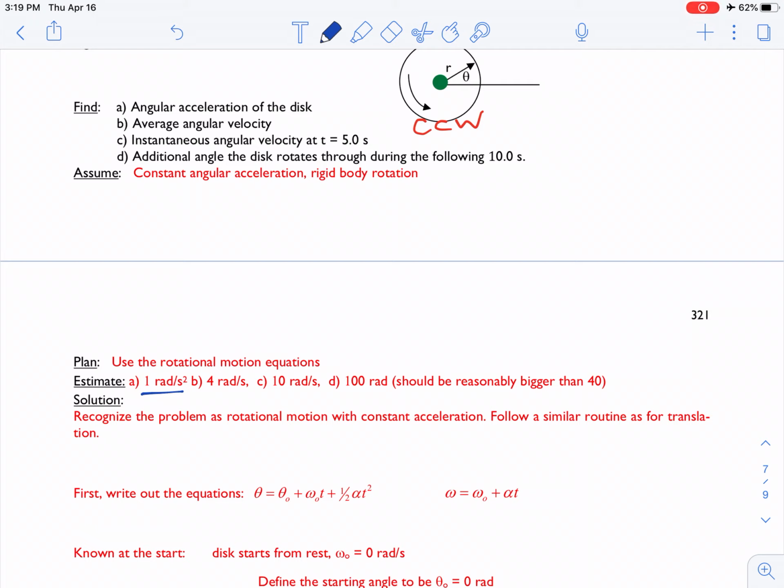Next is angular velocity. When I find angular velocity, I'm going to think about the velocity equation. v is equal to what? Delta x over delta t, right?